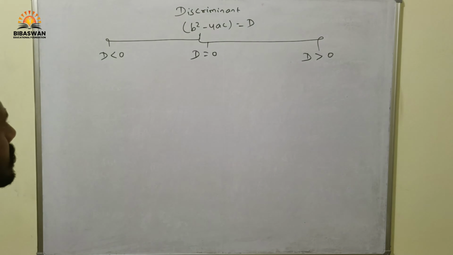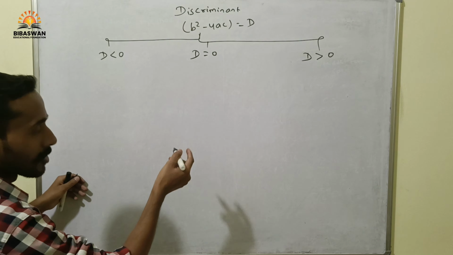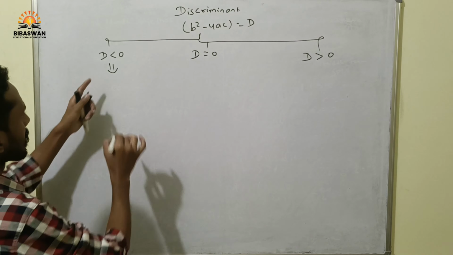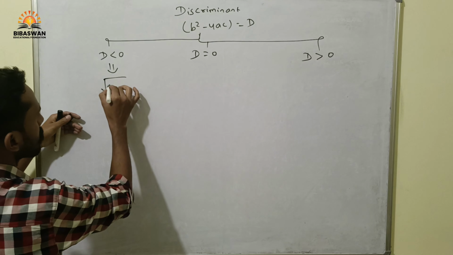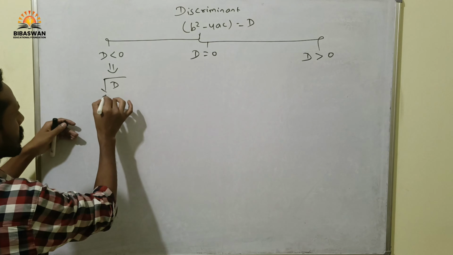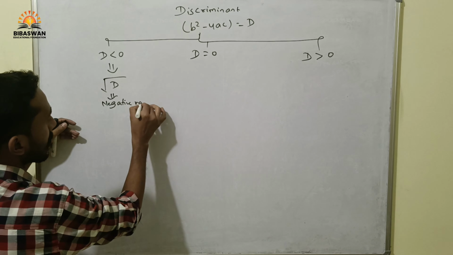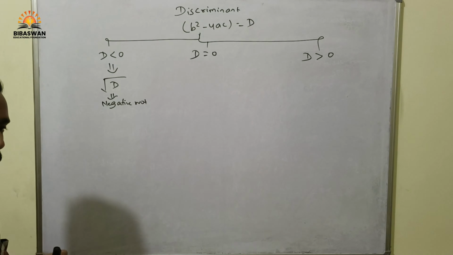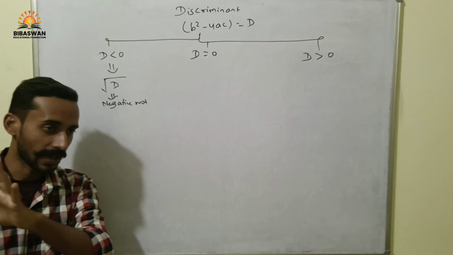Since we have to find root over D in the equation, if it is a root of a negative number, what does this mean? A negative root is not applied in the real part, it is applied in the complex part that I have studied.